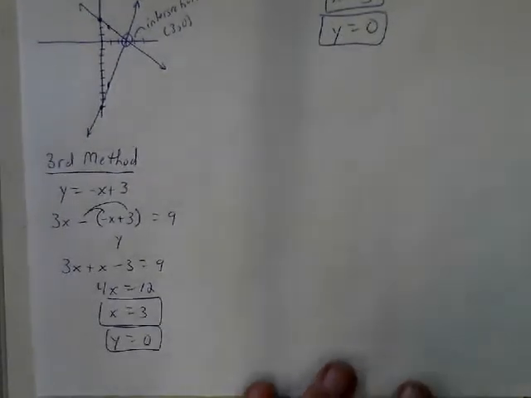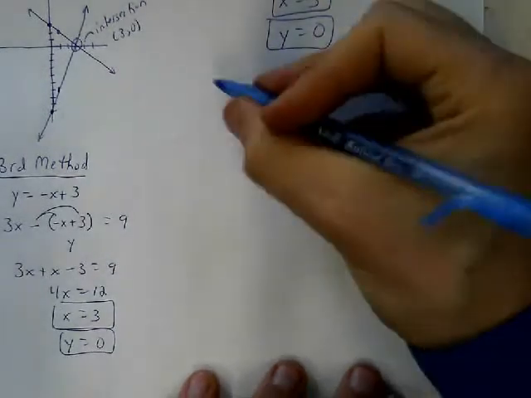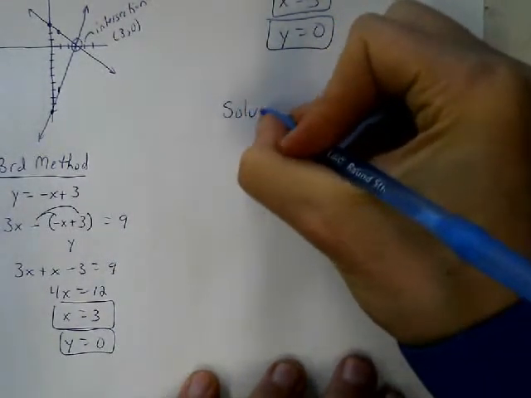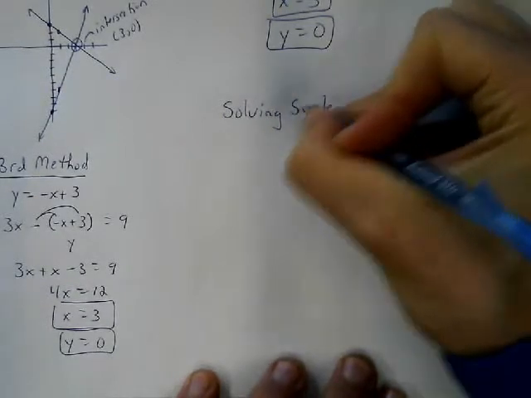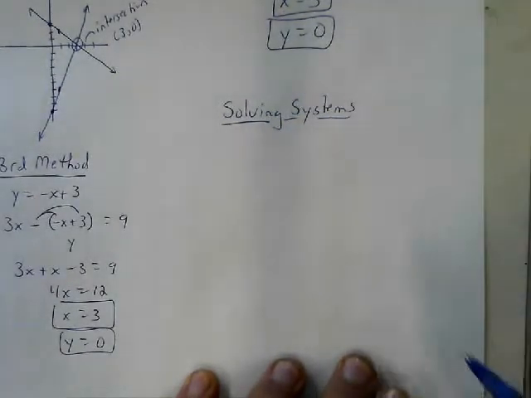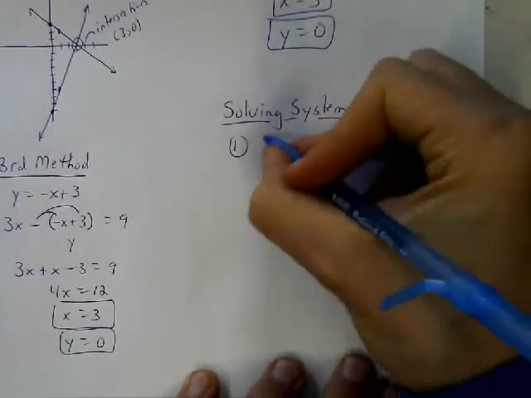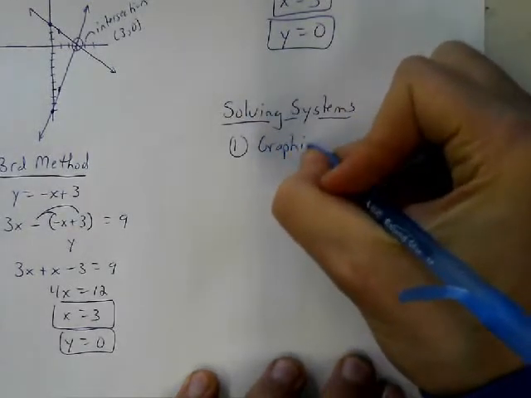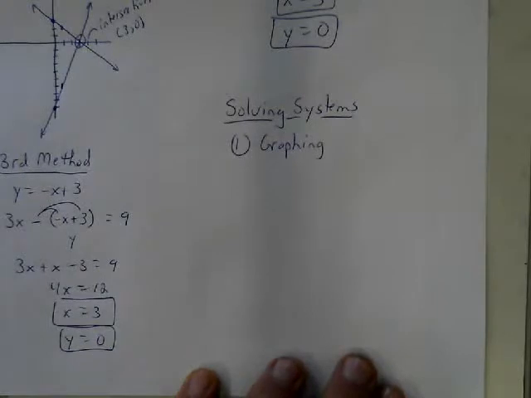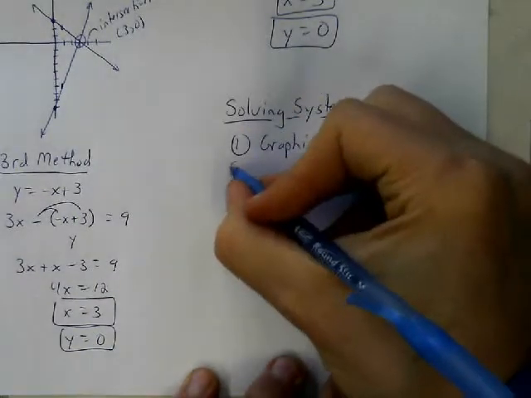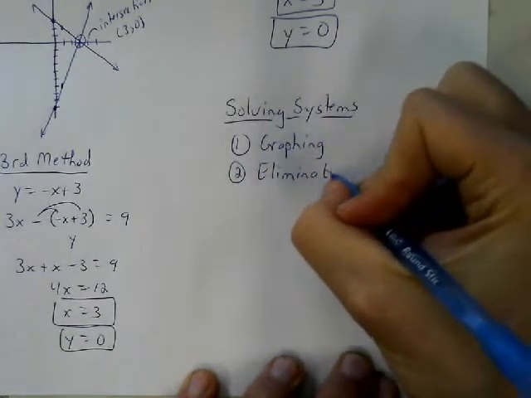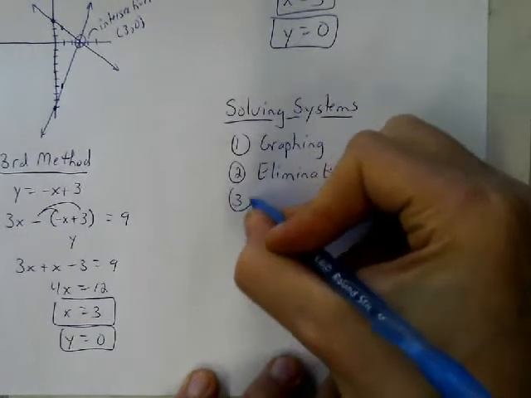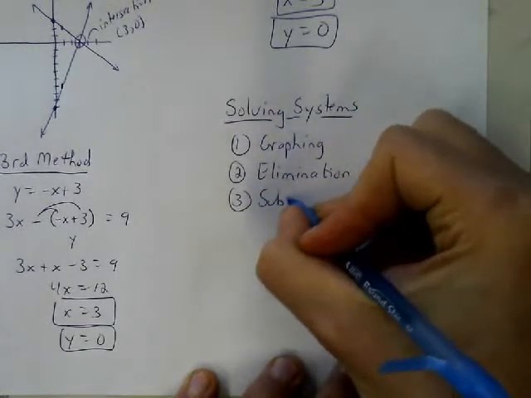To summarize what we just did, there are three methods of solving systems. 1, graphing. And again, when we get back to school after the summer, we'll focus more on how to use the calculator for this. 2, elimination or linear combination. 3, substitution.